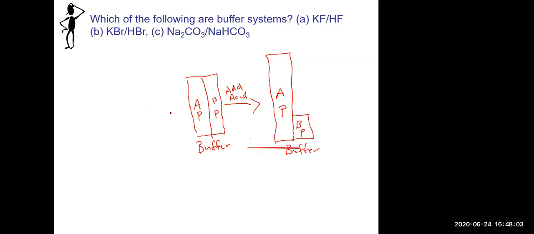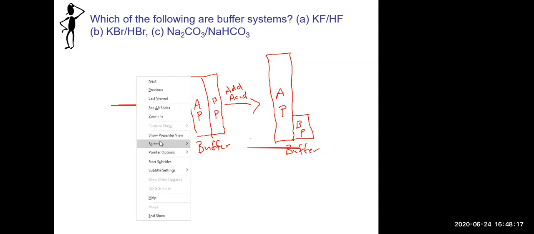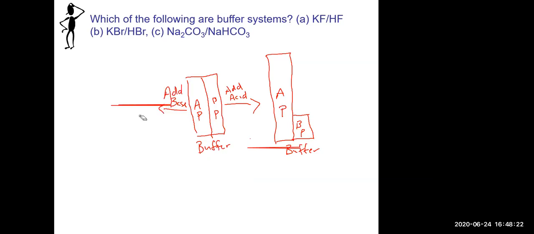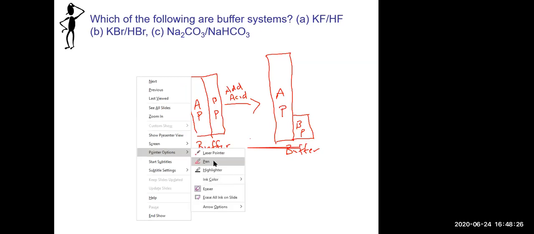Now, a similar thing will happen if we add a base to the buffer. If we add a base to the buffer like we saw in those reactions that we were looking at, we would expect the base to react with the acid part of the buffer.